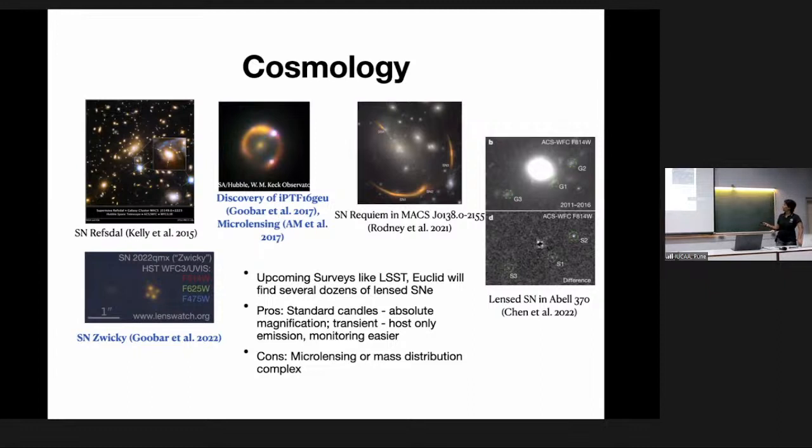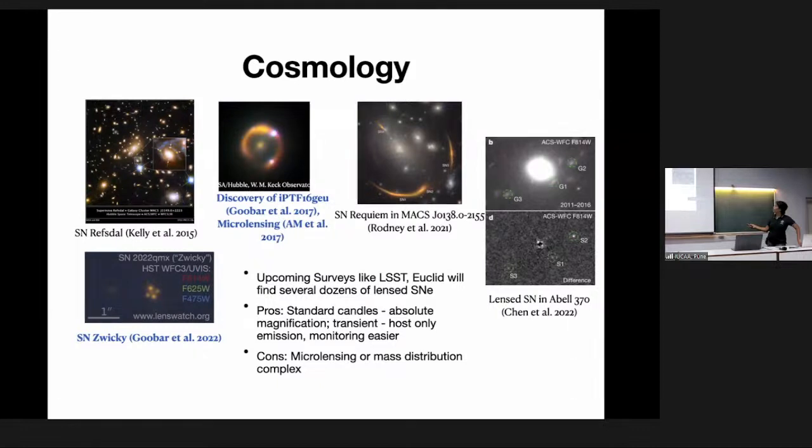So if I just give a quick snapshot of the status of this field, there is about a handful of lens supernovae that we have found in the literature.